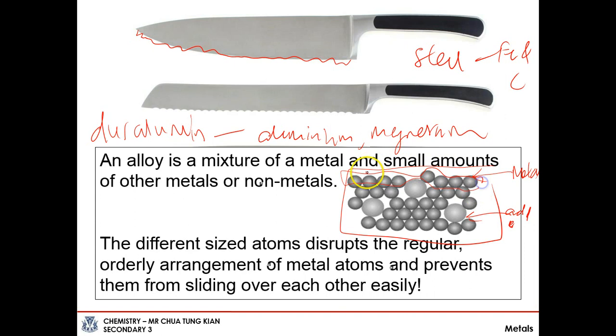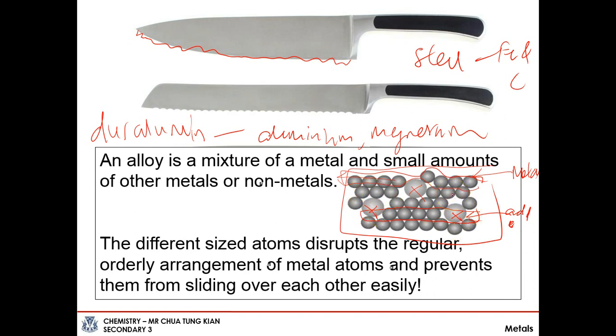Correct? So this layer must slide. But in order for this layer to slide, there must not be anything here blocking the layers. So if I want to slide this layer over here, I will find that it is pretty difficult. Why? Because it has been obstructed by two other foreign particles.